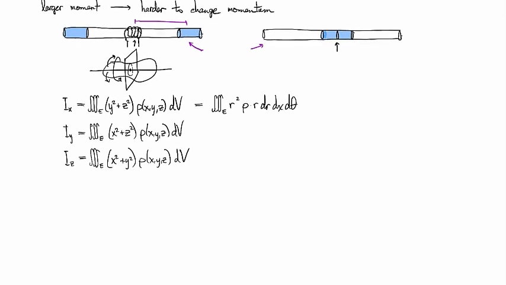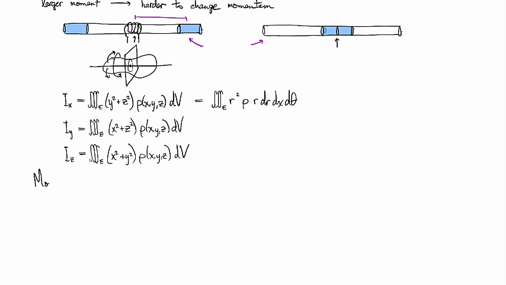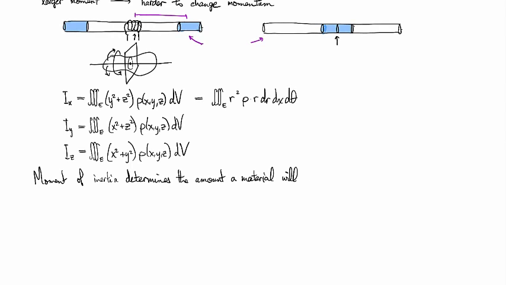Okay, and so a key thing that's interesting about the moment of inertia is that it determines the amount that a material will bend. So like how much it will deflect under force.